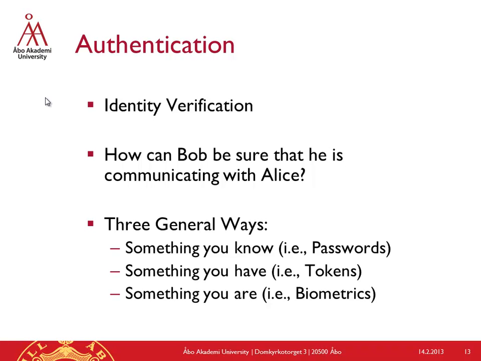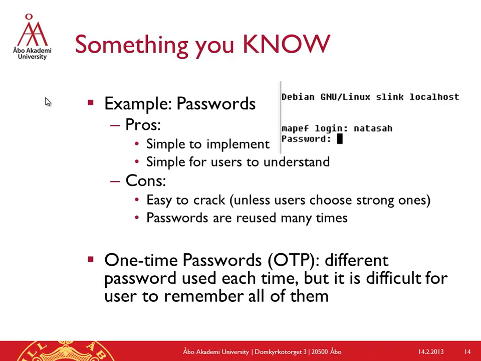If I pronounce your correct password, you will say, well, he's probably the one we wanted to talk to. You can also check whether I have a special thing in my hand, like a token or something else. If I have this thing, I will be a valid person. And the last one is something he or she is. So you can basically check my fingerprints if you wish, if I allow you, of course. So this is also the third way of authentication. Well, we'll start with the first one.